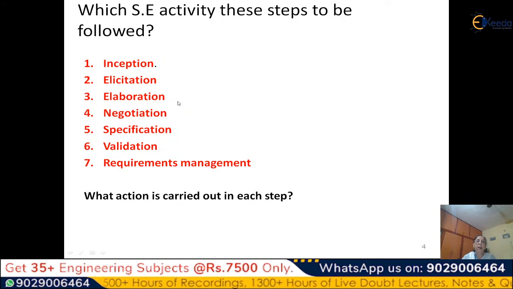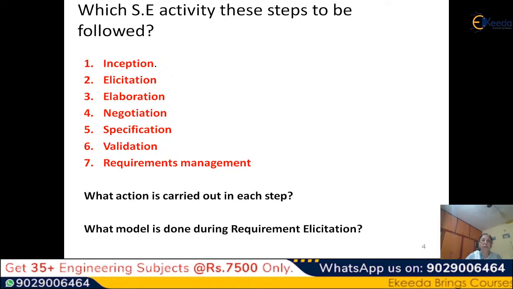Elaboration means analyzing, understanding more, getting to the root of these things. And only after that can we finalize the requirements by doing the negotiation, specification and the final validation. Once this is done, we start the design and the other activities, and then we keep on managing the requirements.